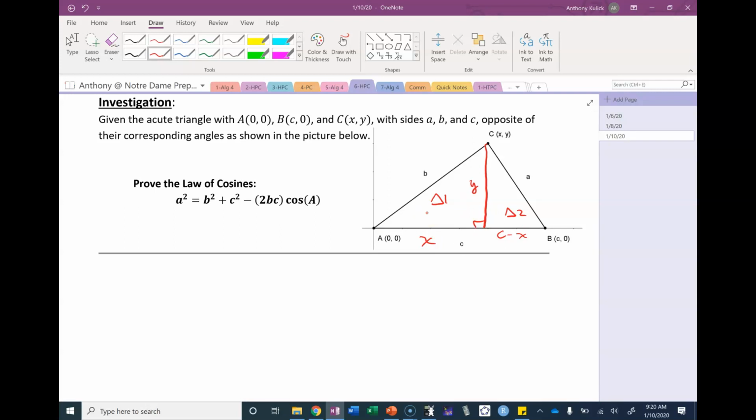Now let's apply the Pythagorean theorem to each of these two triangles. Go ahead and write that down. So you're just going to apply the Pythagorean theorem to each of the two triangles that we've just drawn here, for triangle 1 and triangle 2. It's going to be like that one.